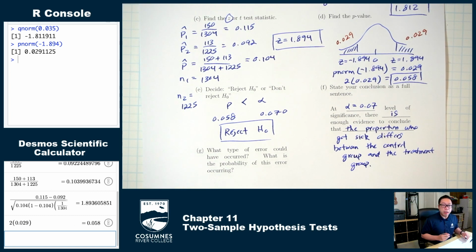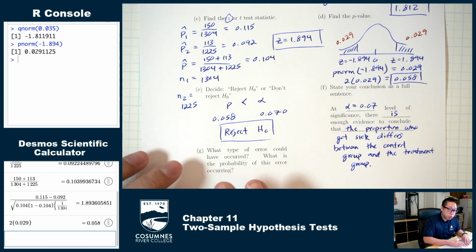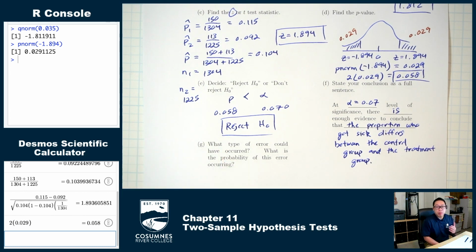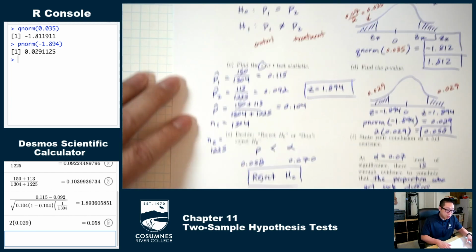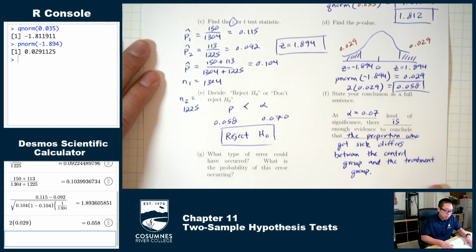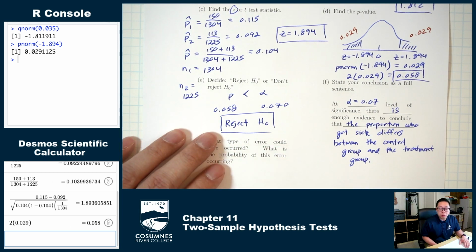And that's basically a hypothesis test that we talked about last time. So for this section, I'm going to add one more question, which is what type of error could have occurred, and what is the probability of this error occurring? So anytime we're doing a hypothesis test, we're making our decision based on the data, based on the sample that we're taking, and that tells us whether we're going to reject or don't reject.